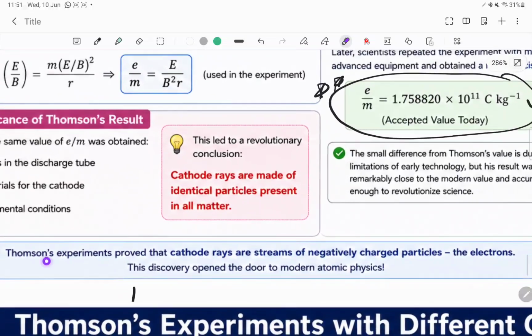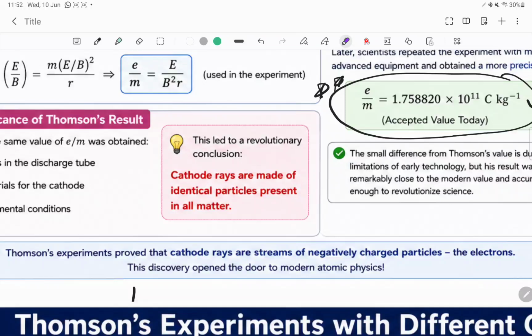So Thomson's experiment shows that cathode rays are streams of negatively charged particles, electrons. By calculating e/m, by quantitative measurement, he forced the scientific world to accept that Dalton's indivisible atom was officially broken.